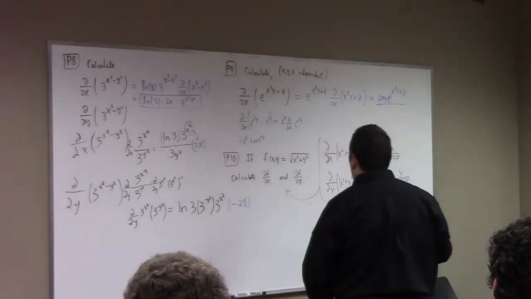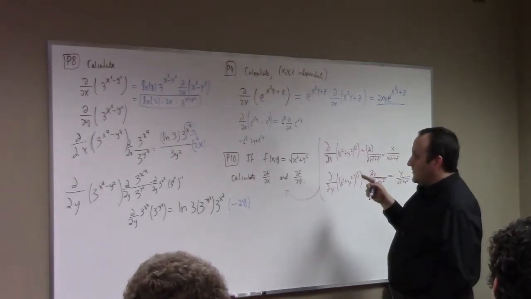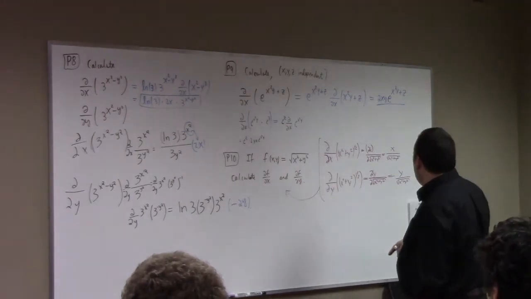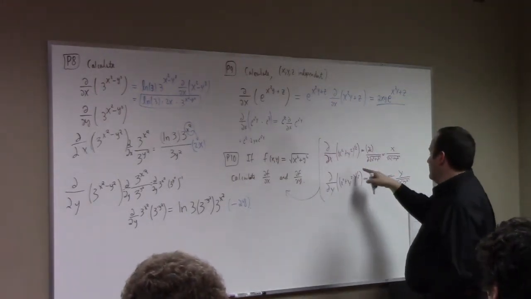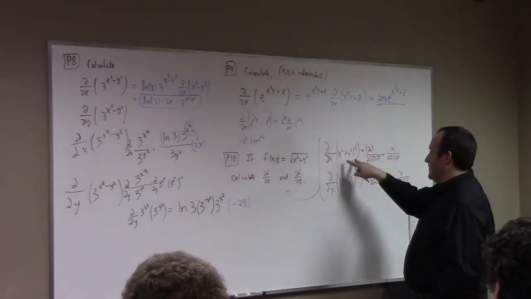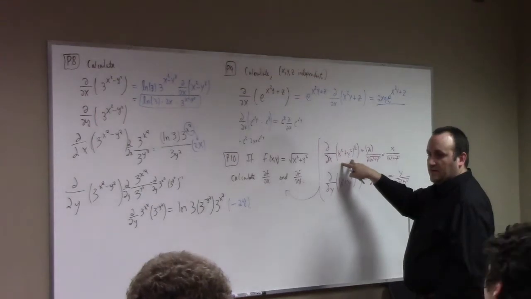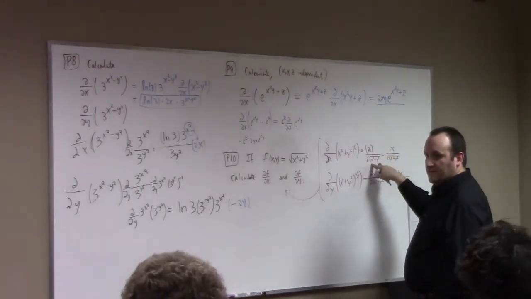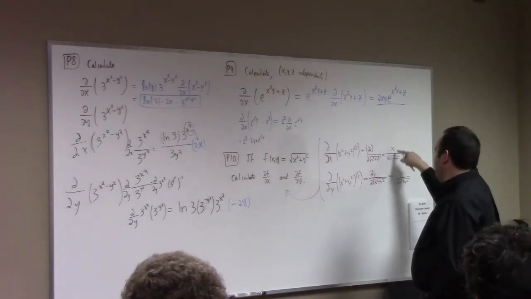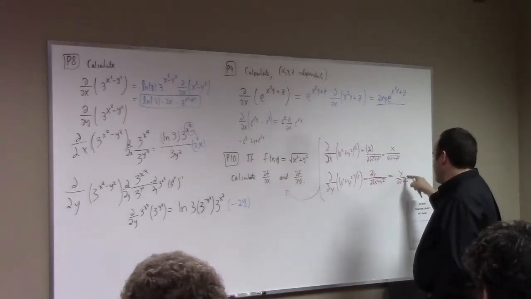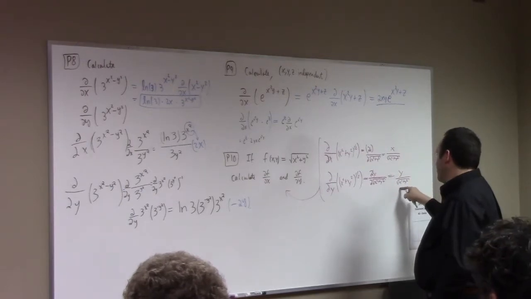Here we're calculating partial f, partial x, and partial f, partial y for this function. And something neat happens. You get 1 over 2 times the square root from the outside function, then multiply by 2x, because that's the derivative of x squared plus y squared. So the 2's cancel, and we end up with x over the square root of x squared plus y squared, and by symmetry, y over the square root of x squared plus y squared.